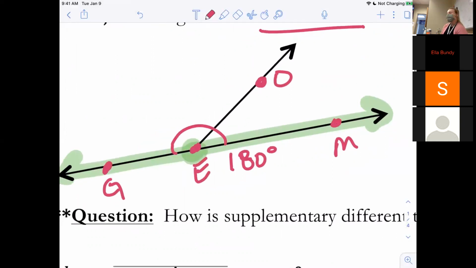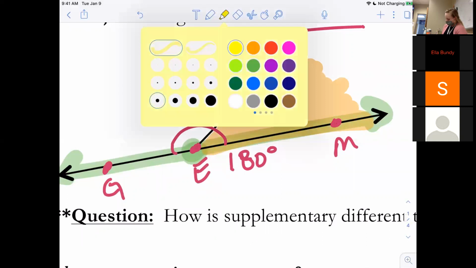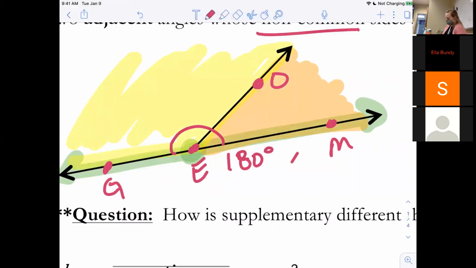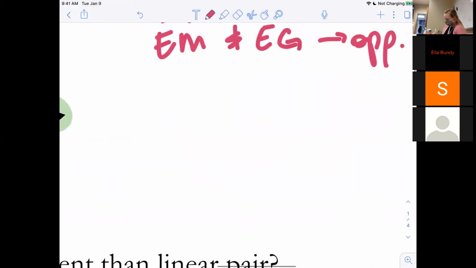That being said, now I have two angles on this line that add up to 180. I've got one angle that's OEM, and I have another angle that is GEO. And they add up to the straight angle, or 180. So I'm going to write this over there to the side.